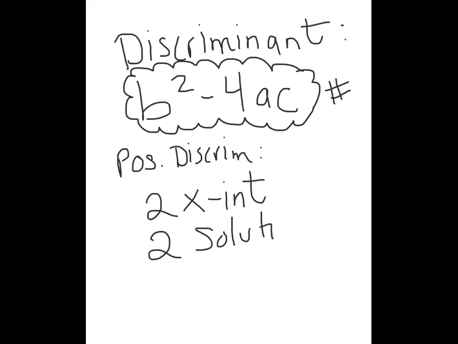So you get 2 distinct answers, like in number 1, because you have 2 distinct x-intercepts when you look at the graph.